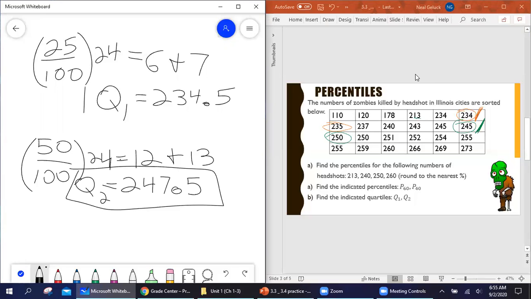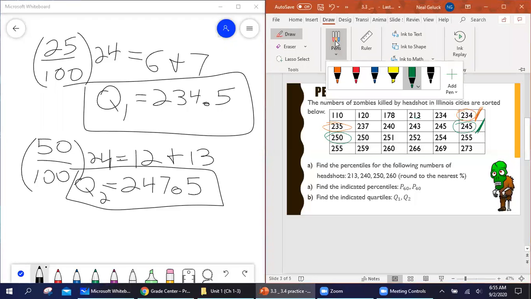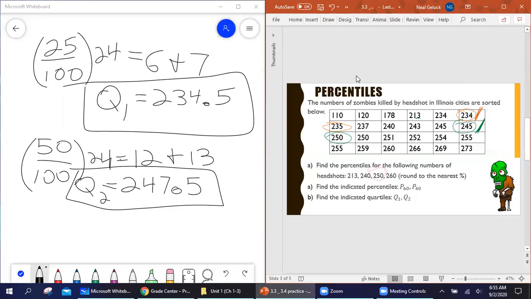Now, you might have noticed that we calculated 250 when we were doing the first part of this. We calculated that to be percentile 50, which would be the median. But here I just said that is 247.5. This is a little bit of a problem with the percentile calculation, but they both mean the same thing.